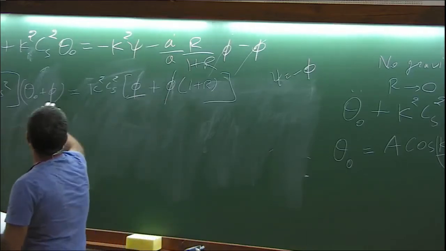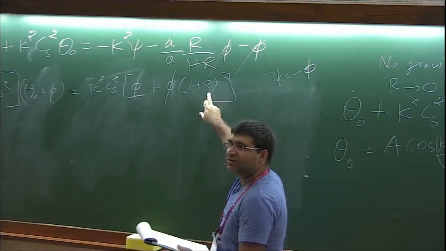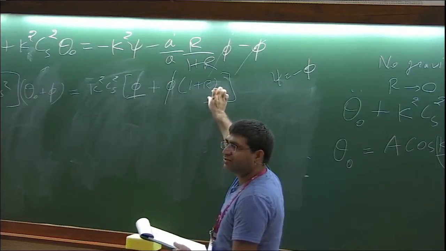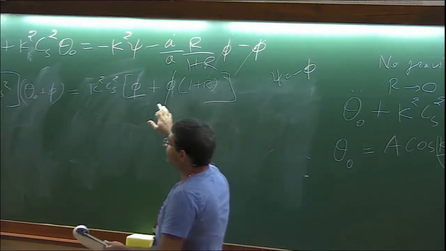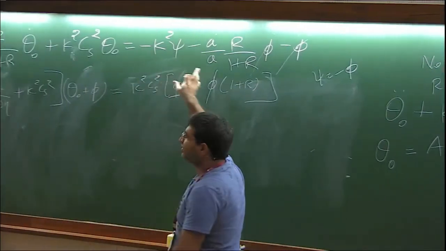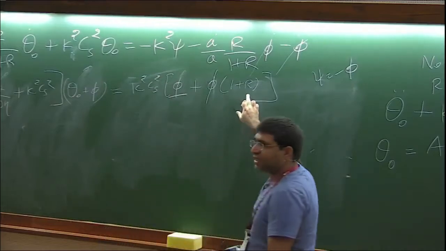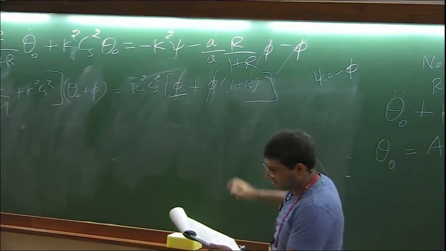This is again an oscillator equation, but with a forcing term. Because of the presence of baryons, the driving force has an extra term, and so the balance between the pressure and gravity is now disrupted. The pressure term is the same, but the driving force now has an extra 1 plus r factor.